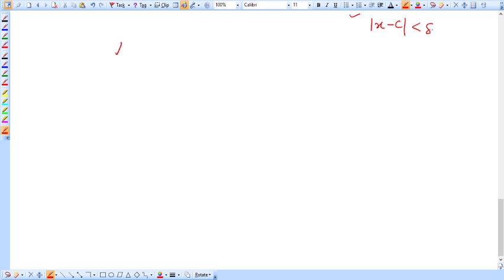So this is the epsilon delta definition of the limit of a function. You know what a limit is. To help you understand this definition, I'm going to take an example.